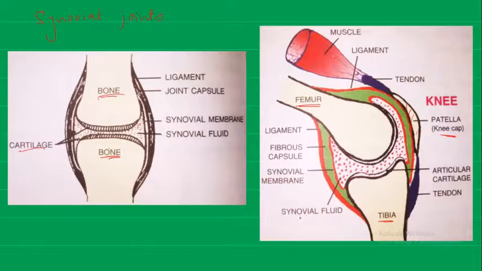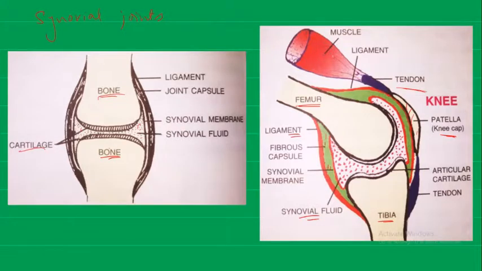The fluid is the synovial fluid. The membrane enclosing the synovial fluid is the synovial membrane. This is the fibrous capsule, and these are ligaments that join bone to bone so that they do not get dislocated. And individually these bones are connected with the muscle via the tendons. So this is the typical arrangement of a knee joint, which is also called the synovial joint.